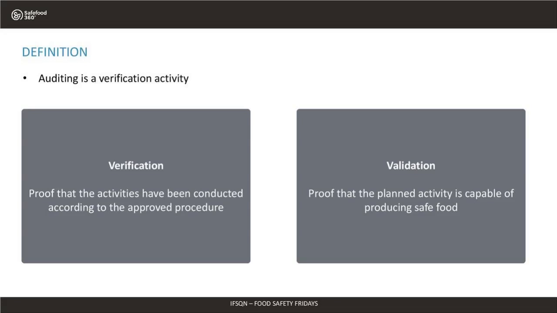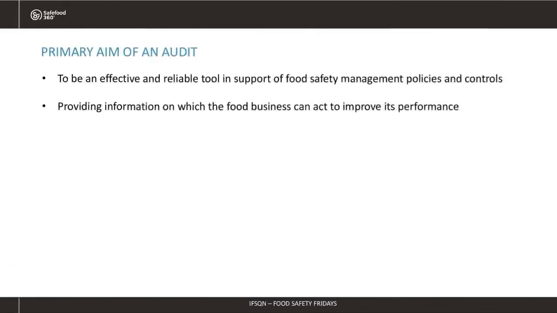Validation seeks to answer a different question. It's basically saying, all the stuff that we are doing and checking and verifying, is it in fact capable of producing a safe food product? So it's validating the hypothesis, almost, that what we're doing is good enough. But this is a verification activity. It's really about checking.